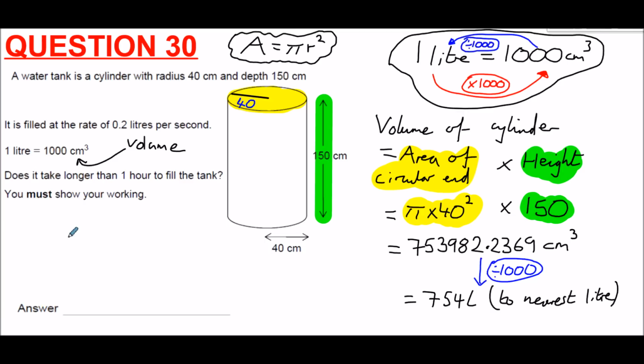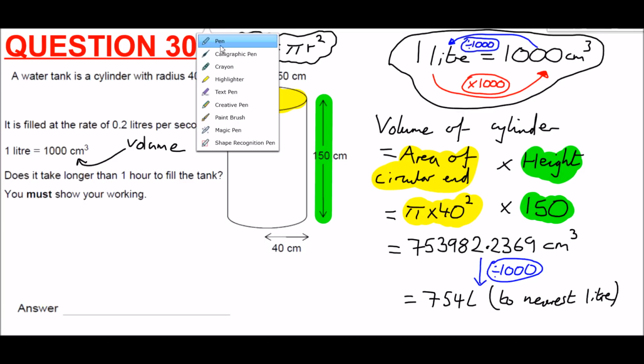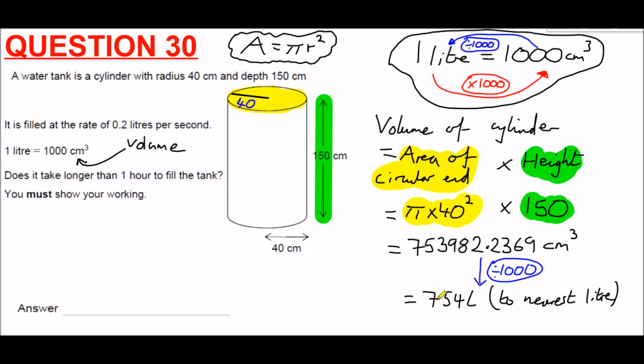But here what we need to do is compare the actual volume of a cylinder, how much it can hold, its capacity, to what it's being filled up with. So it's being filled at 0.2 litres per second. So in a minute, how full would it be? If it's going in at 0.2 litres per second, there's 60 seconds in a minute.